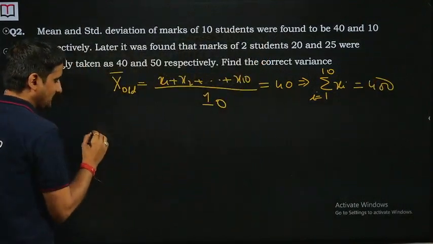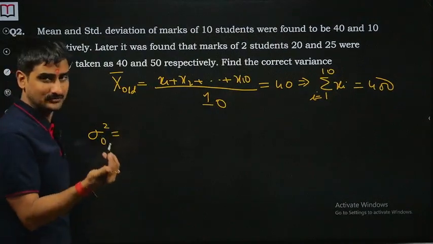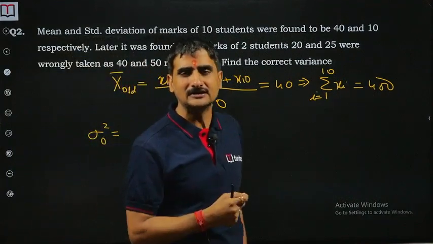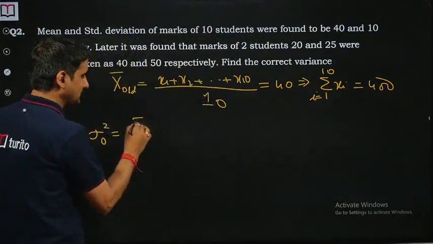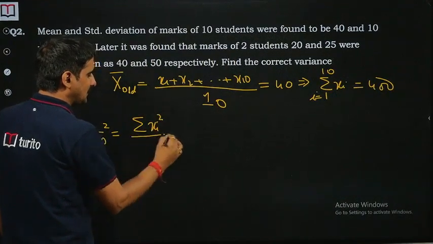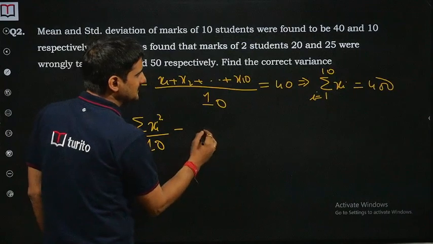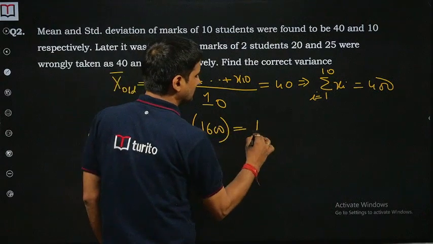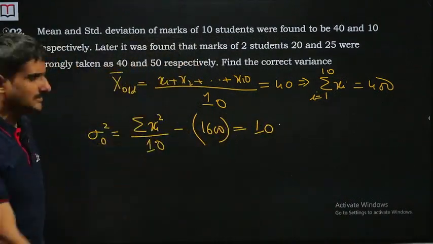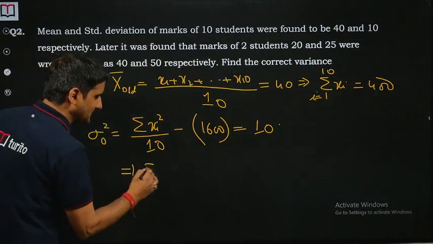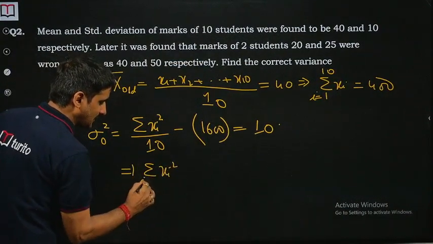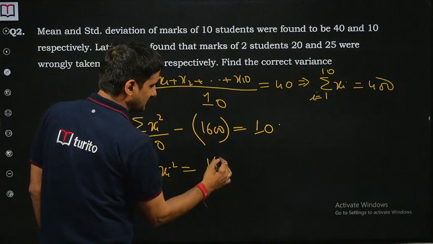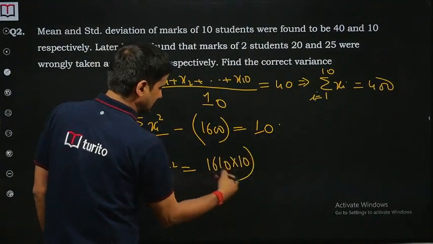And the variance, old variance, will be summation xi square upon 10 minus mean square, because it is discrete data, they are just 10 students. The mean square is 1600 and the variance is 10. So that we can easily find. From here we get summation xi square, when i goes from 1 to 10, as 1610 into 10.